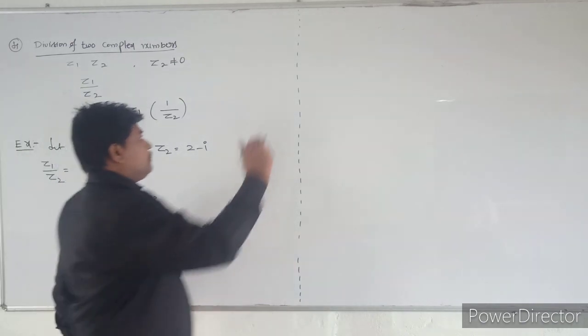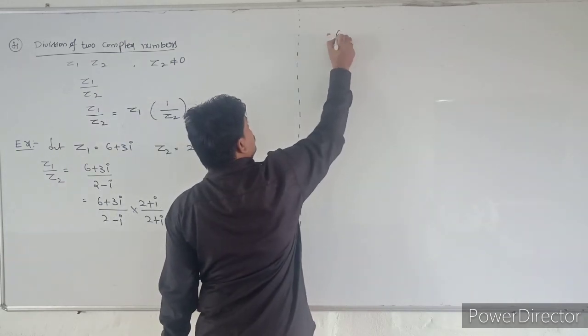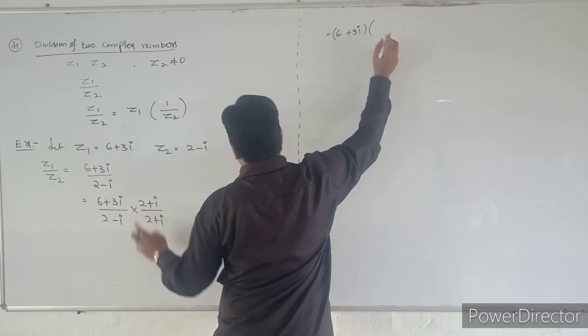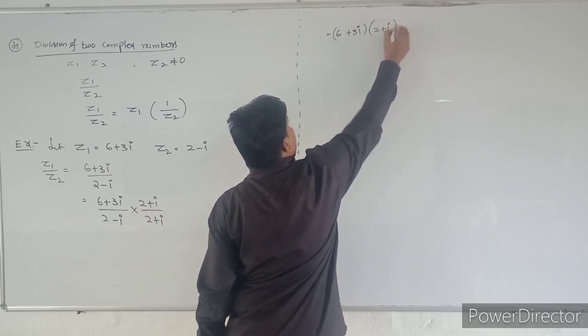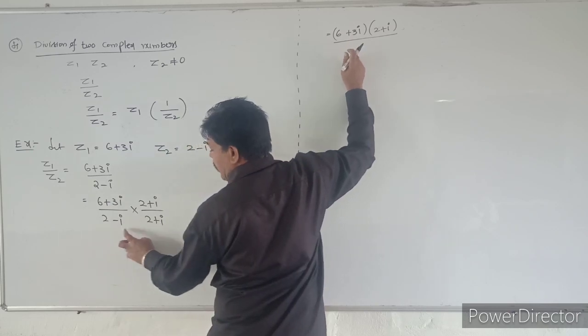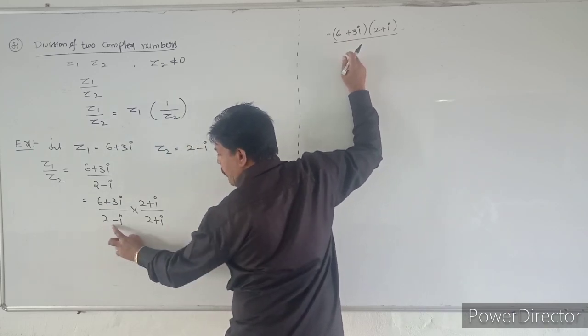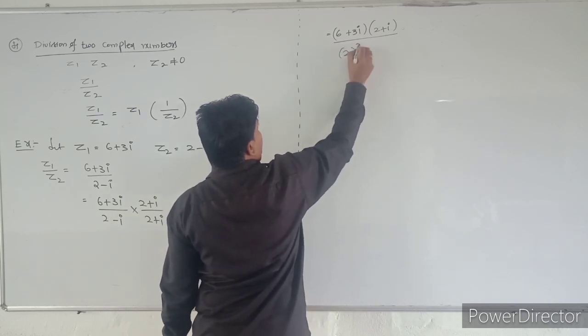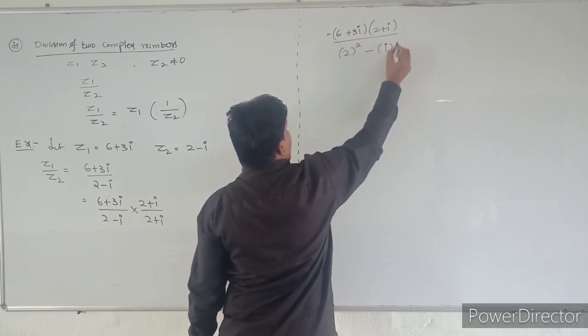What happens here? That is equal to (6 plus 3i) into (2 plus i) by, in the denominator, (a minus b) into (a plus b) form, which you can write as a square minus b square.